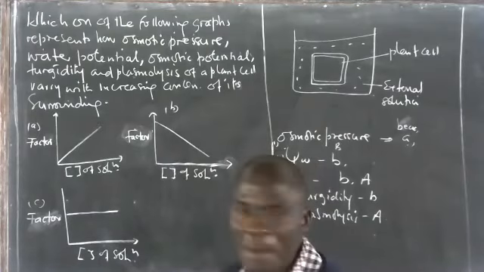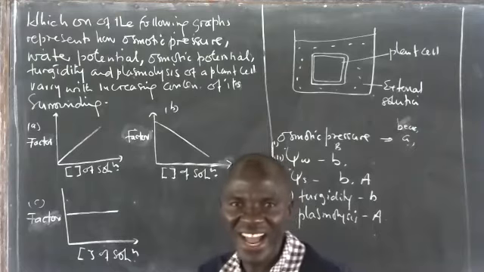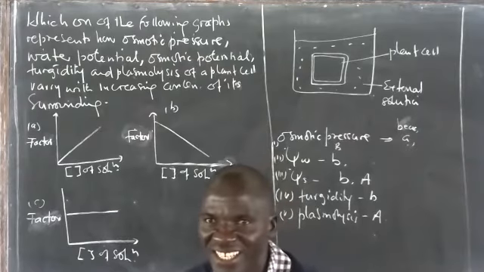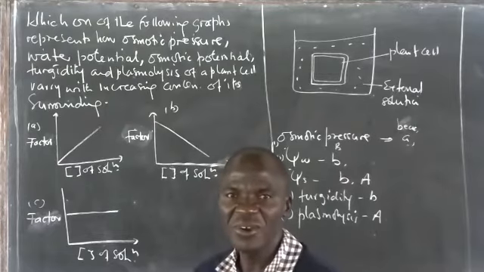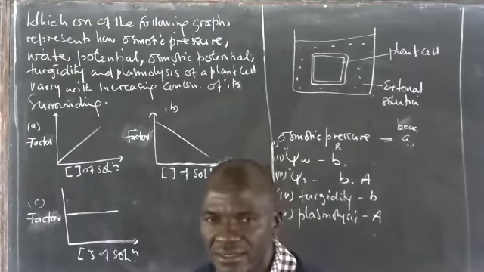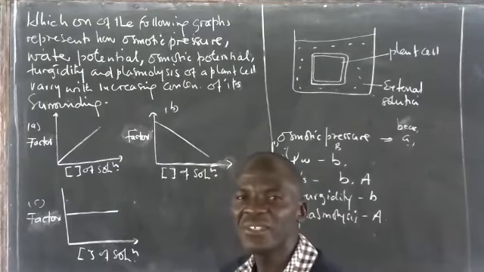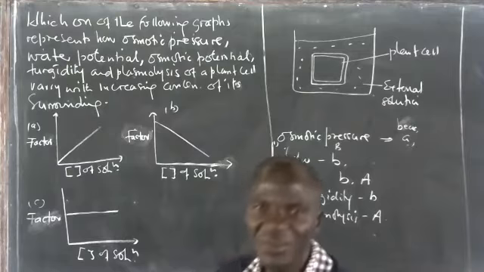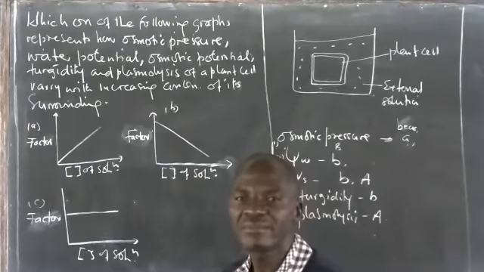Someone said B, but I have only one answer given by the class. I don't know whether that means we all concur with that answer, or we have some who say, I'm not sure. Because the best doctor is the one who doesn't gamble.